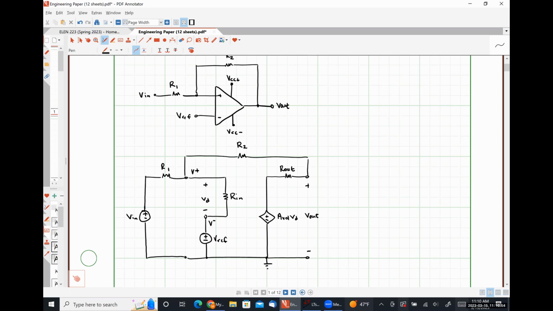We are going to make some assumptions here, okay? These are effectively the assumptions that we talked about at last class. We are going to assume that the values of R1 and R2 are significantly smaller than our input resistance, and significantly larger than our output resistance, for the exact reasons that we talked about in the last class.